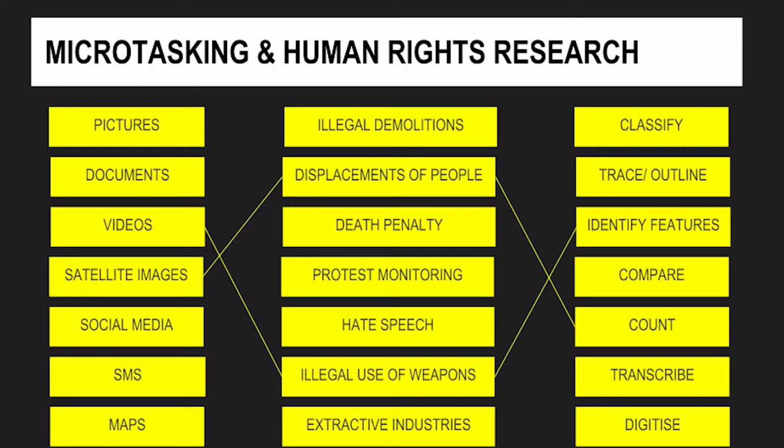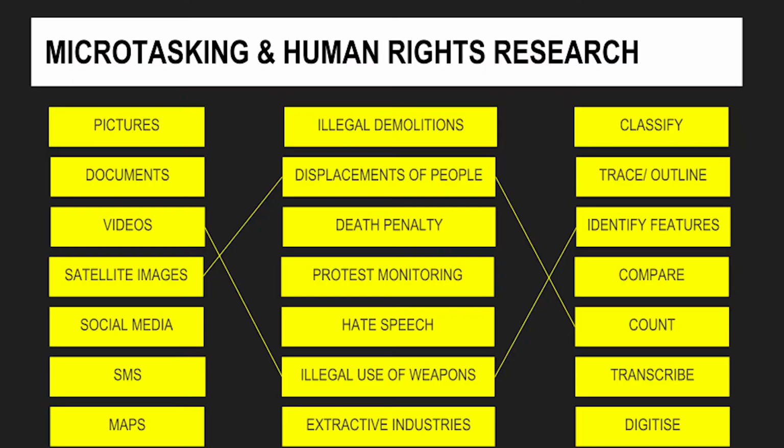This is a framework we put together at the beginning of the Amnesty Decoders project to help us analyze how we could use microtasking for human rights research. With microtasking, we're able to analyze all sorts of data: pictures, documents, videos, satellite images, social media reports, maps. All this is unstructured data that comes in big volumes.